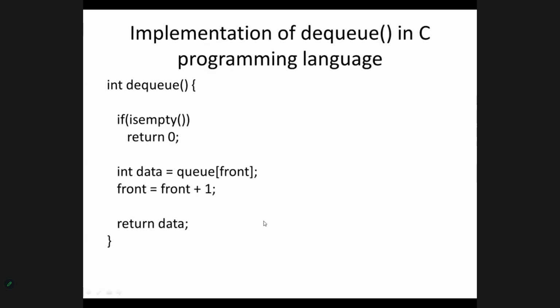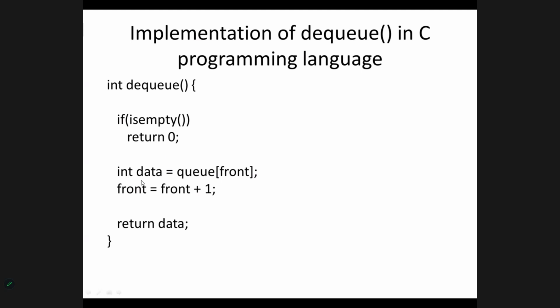Now look at the implementation using C. Basically, this will return the deleted item as well. This code segment, this procedure, returns the deleted data item. That's why it will give this output in DQ. If empty, then return 0, underflow.